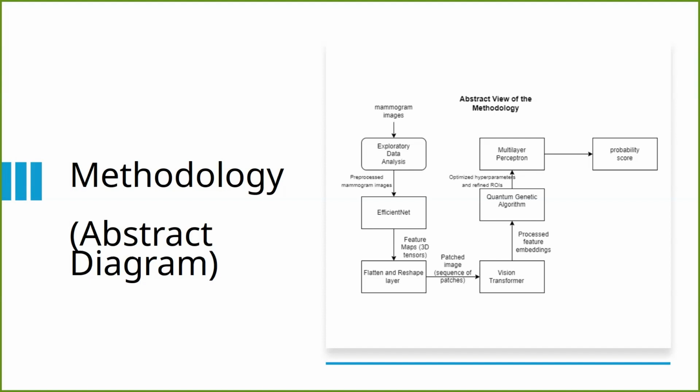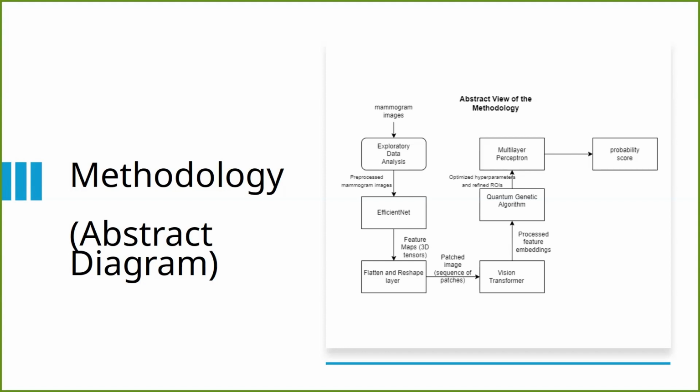It should be noted that the quantum genetic algorithm does not use backpropagation. It uses its mutations and crossovers to do that. Then we do selection, where we choose the best candidates for hyperparameter tuning and regions of interest. Then we output optimized hyperparameters and refined regions of interest, which then go through the multi-layer perceptron.